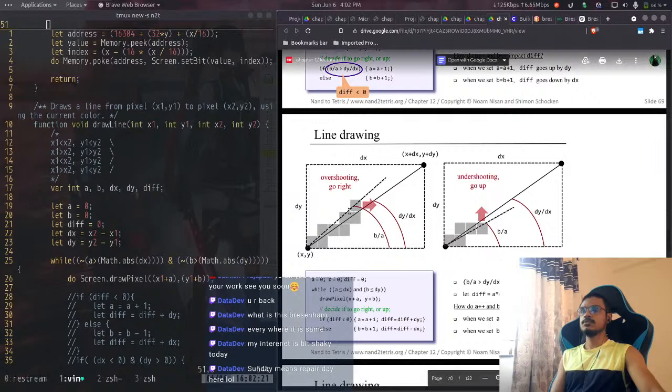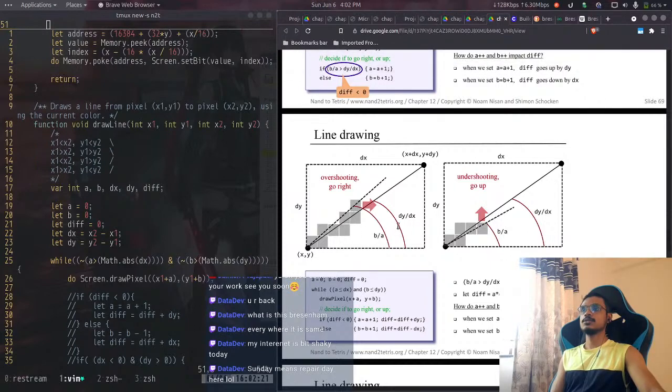Okay, this algorithm works for a positive slope, but what about negative slope? When the slope is negative, what does that mean? Y is decreasing, right? No, like this, Y is decreasing.